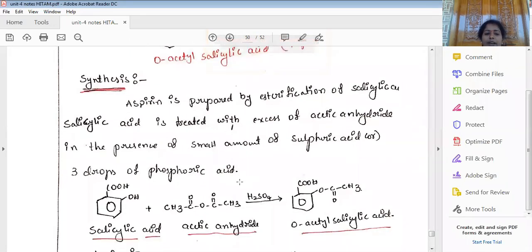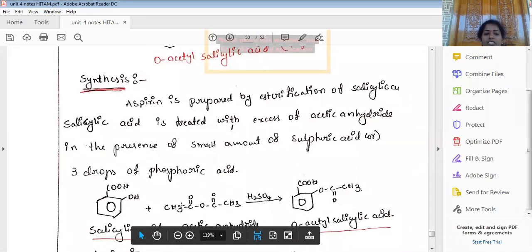Aspirin is prepared by treating salicylic acid with acetic anhydride in the presence of a dehydrating agent, that is sulfuric acid. When this is added, H and CH3COO minus are eliminated. So here hydrogen is replaced with the CH3C double bond O functional group, which is called the acetyl functional group. That's why it is called an electrophilic substitution reaction.